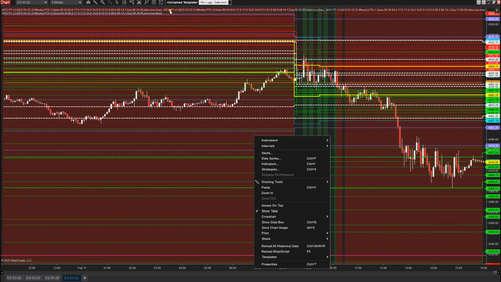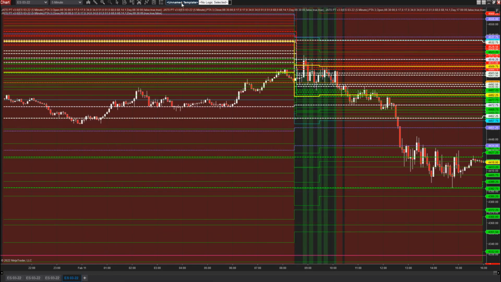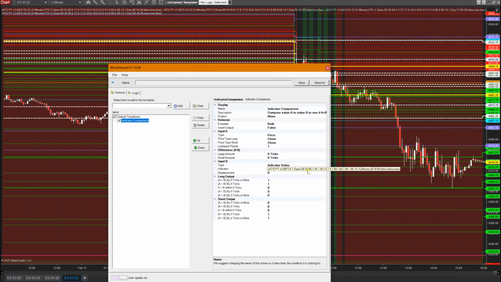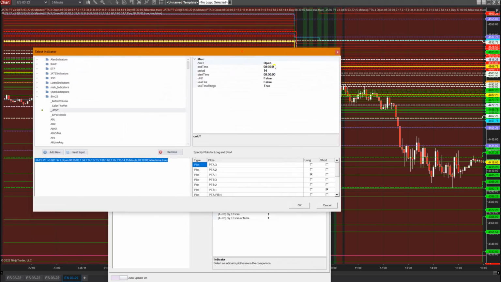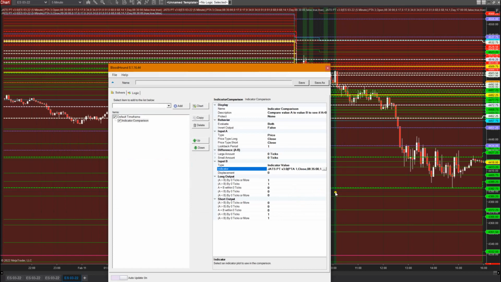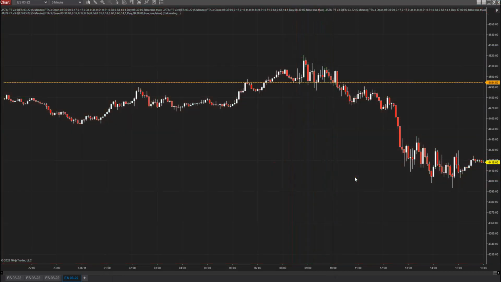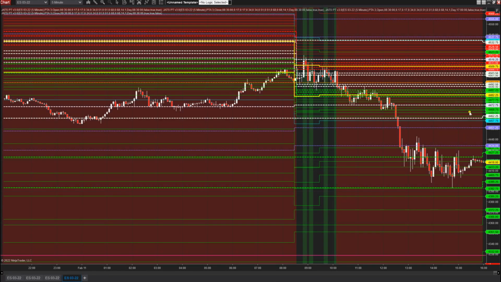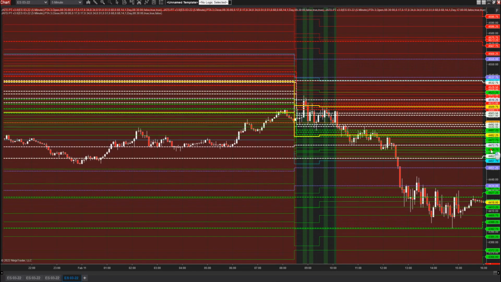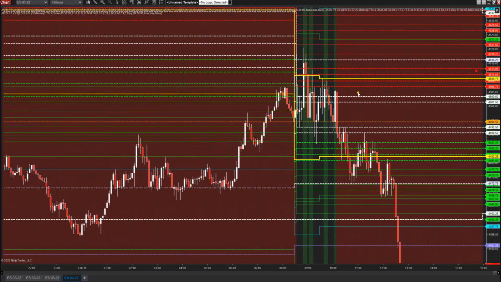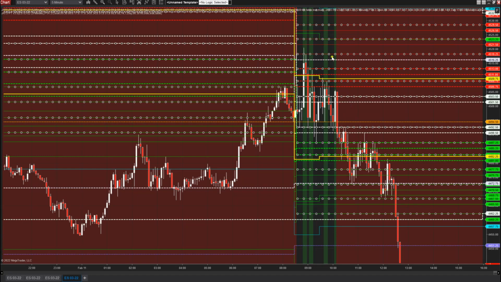Hang on one second. Change it to close. So yeah, we weren't getting signals until the bar closed above the 8:35 one.